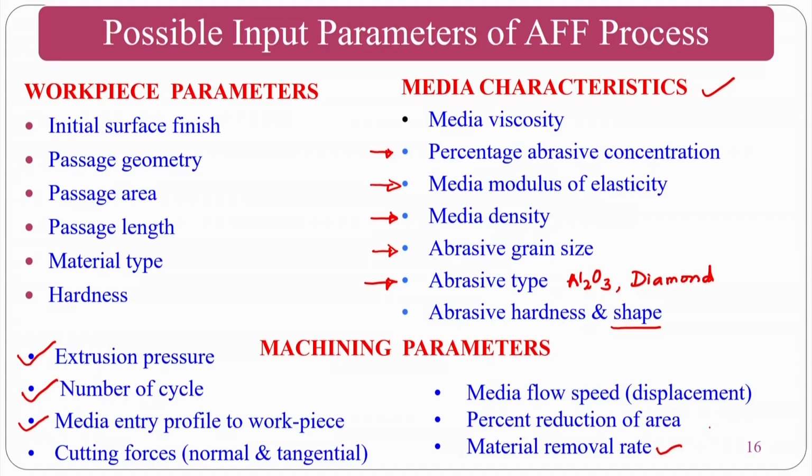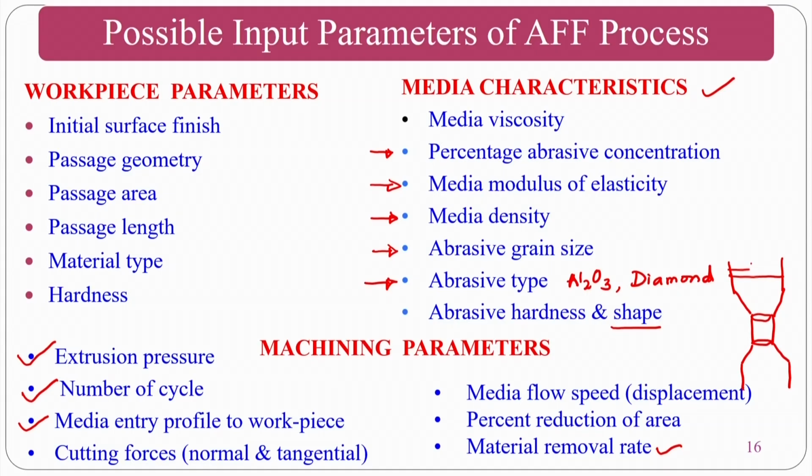Material removal rate you can use as an output response, and percentage reduction in area. That means, if you could realize this is my fixture and this is my workpiece, normally tapering will be given so that the medium entry will be smooth enough. That is why the tapering will always be given before the workpiece starts.